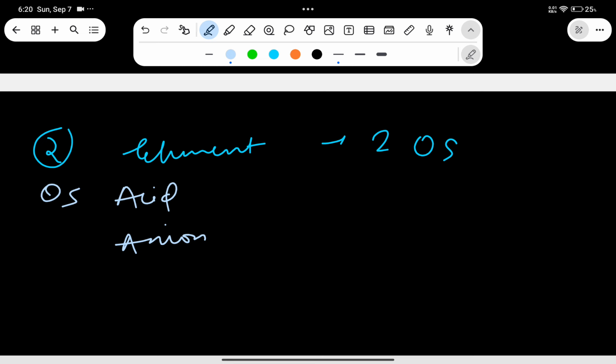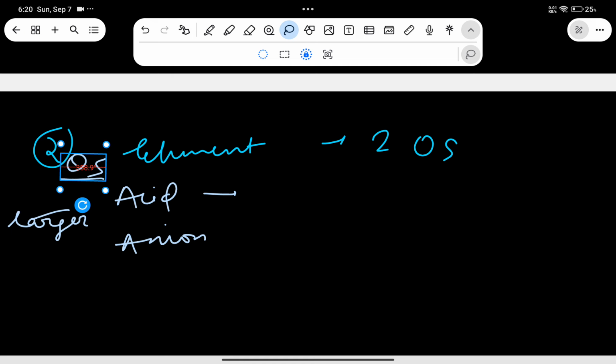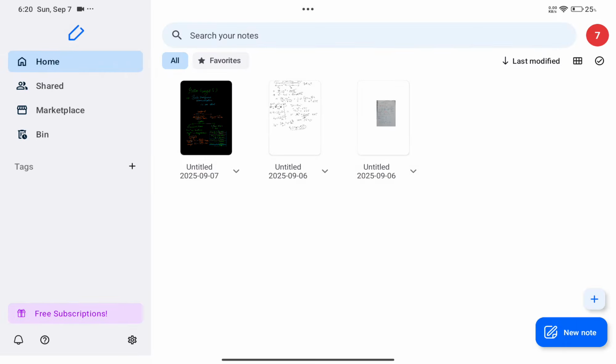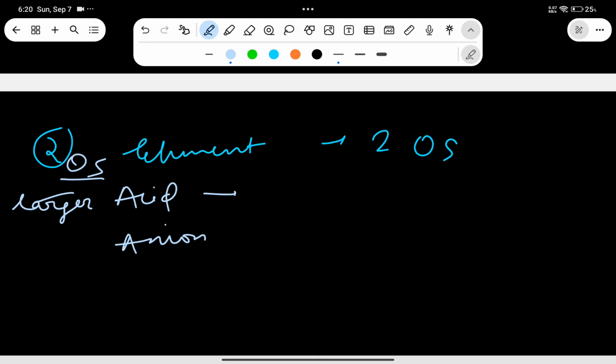If it has the larger oxidation state, the acid suffix will be ic.